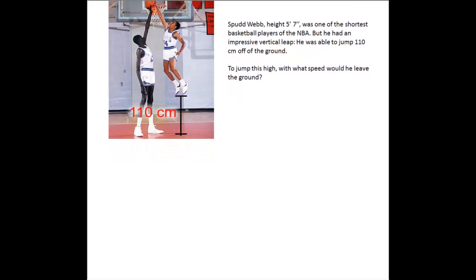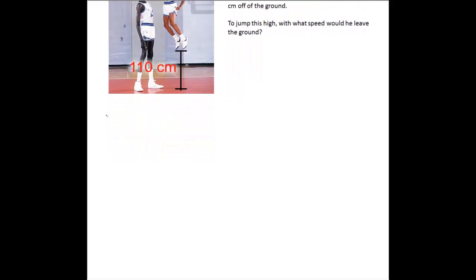So as with any other problem, the first thing we're going to do in attacking this is to draw a picture. Since it's a free fall type of question, we're going to draw a vertical axis, place our origin, say, down at the ground, where he leaves the ground. And let's just keep track of his feet.